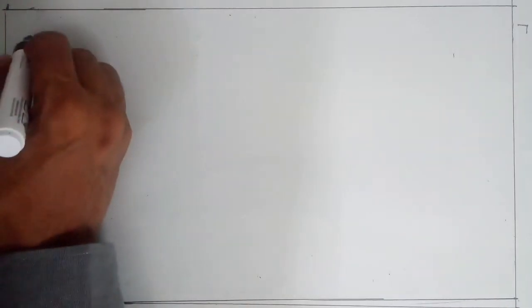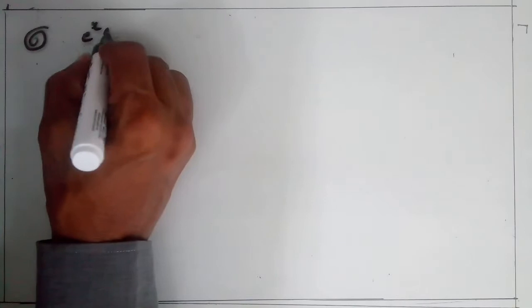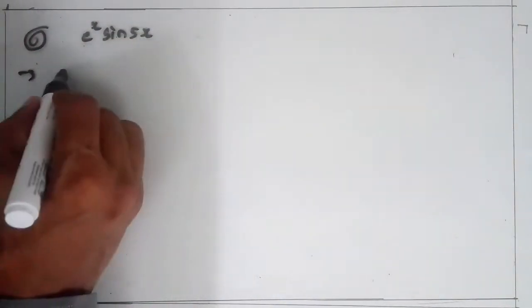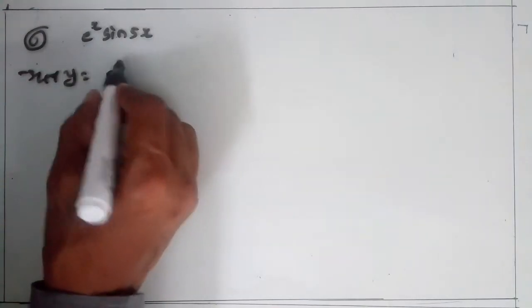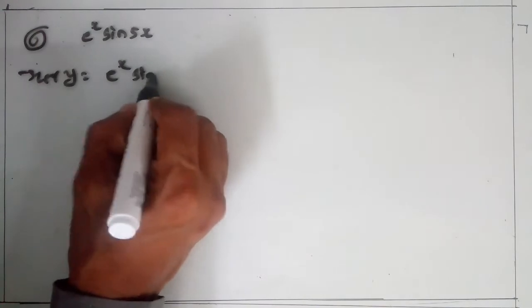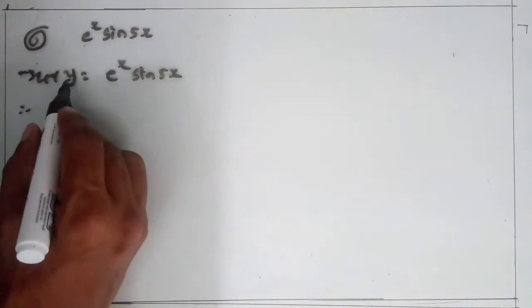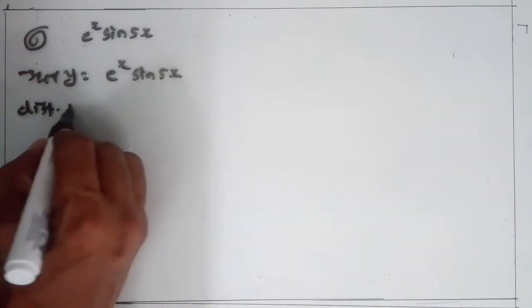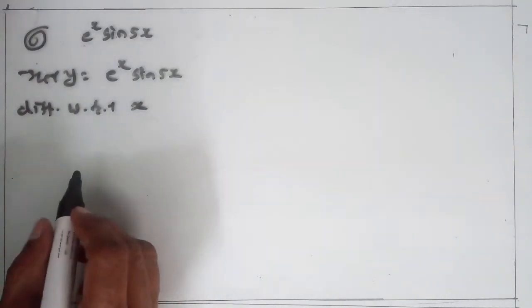Clear? Now question number 6. Find the second derivative of e^x sin 5x. Suppose this term is equal to y. So let y = e^x sin 5x. Now differentiate with respect to x.